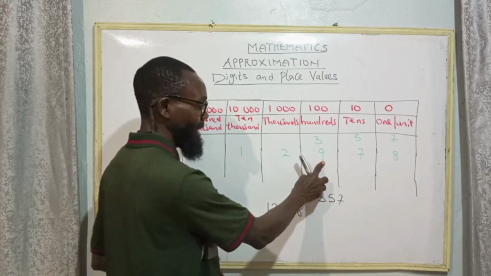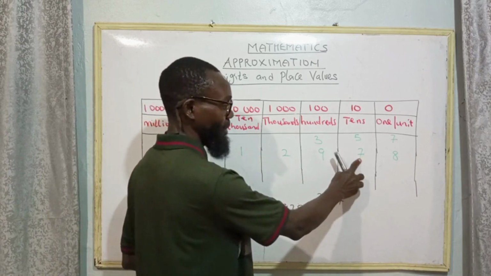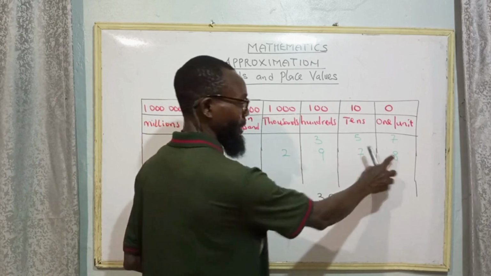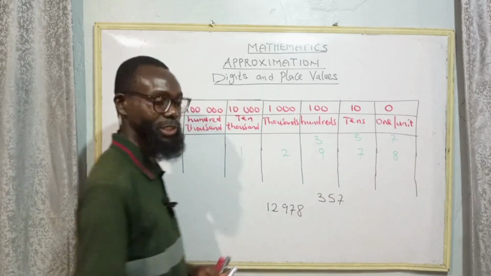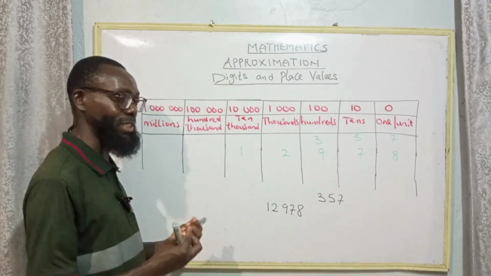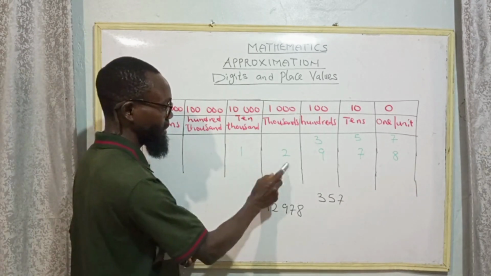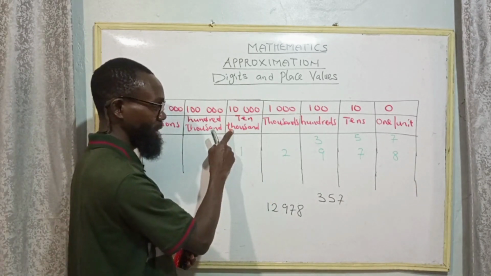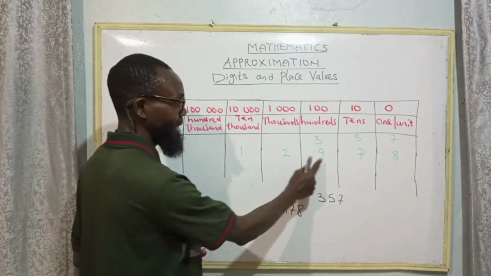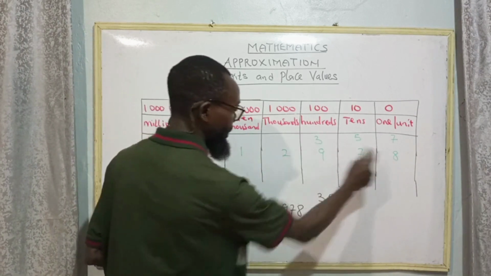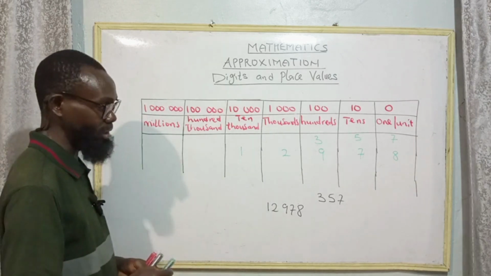The place value of 9 is 900. The place value of 7 is 7 tens, while the place value of 8 is 8 units. Now, if we want to call this in figure, we have 12,978. So these are the place values of this.